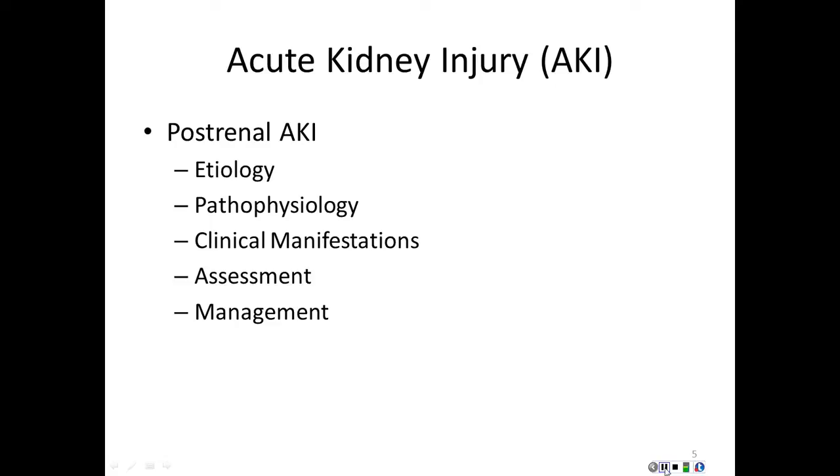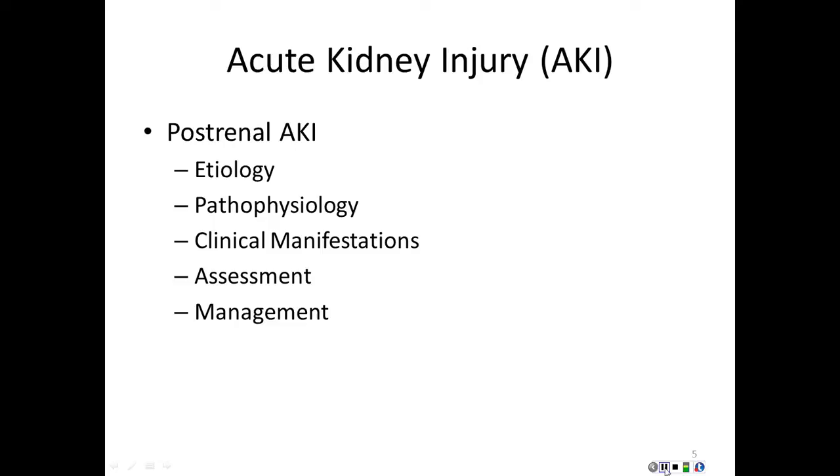Typically, if a patient has two functioning kidneys and a stone blocks one ureter, the other kidney is going to take over and remove the nitrogenous waste. But if we get blockage in both of them, then that backup and that inability to filter the nitrogenous waste will put these patients into acute kidney injury.